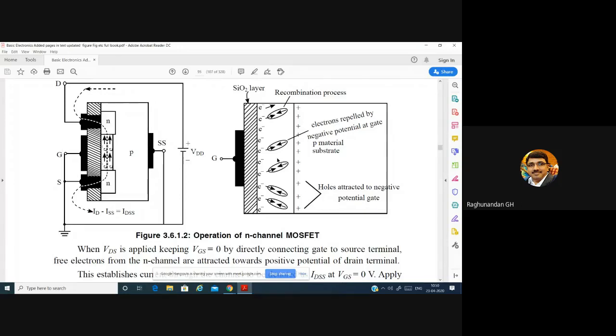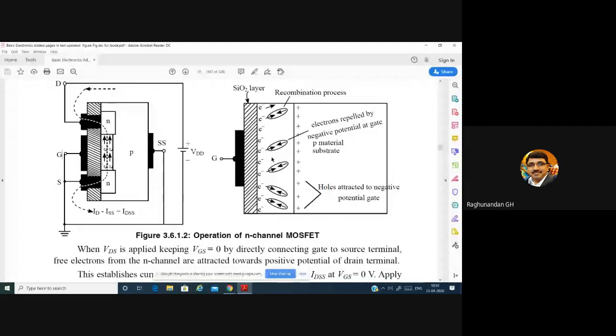Let us assume in this channel there are 100 electrons flowing. Some 10 minority charge carriers were in the substrate. When the 10 minority charge carriers jump into this n channel, it is 100 plus 10, 110.